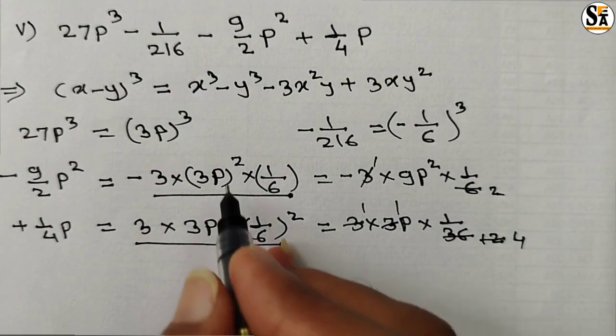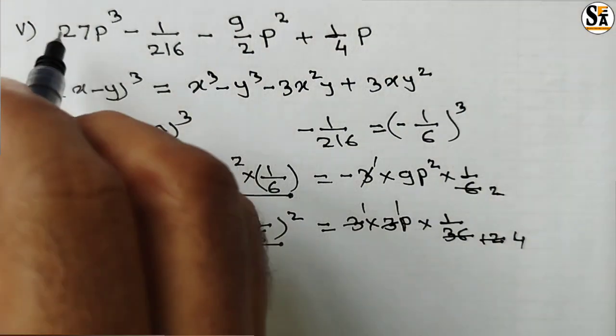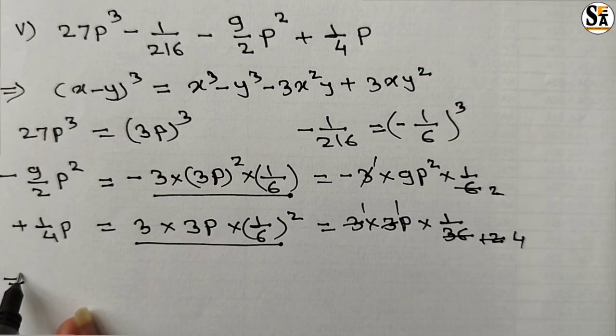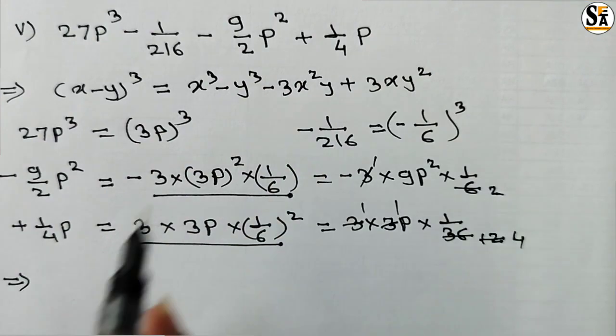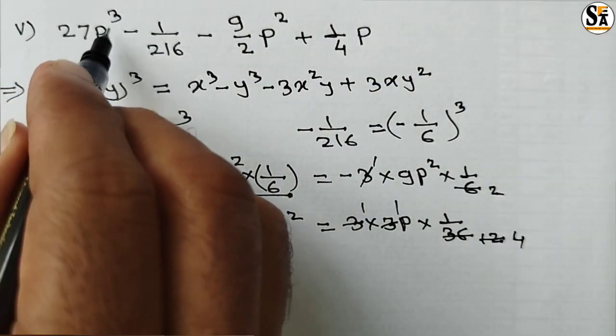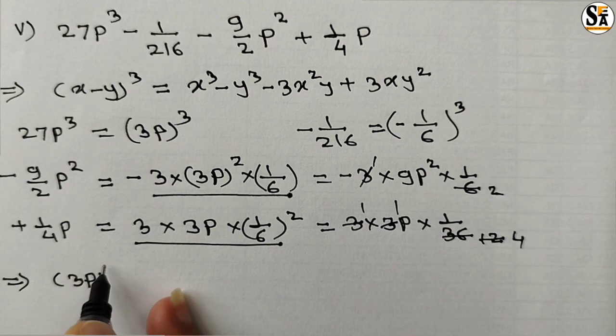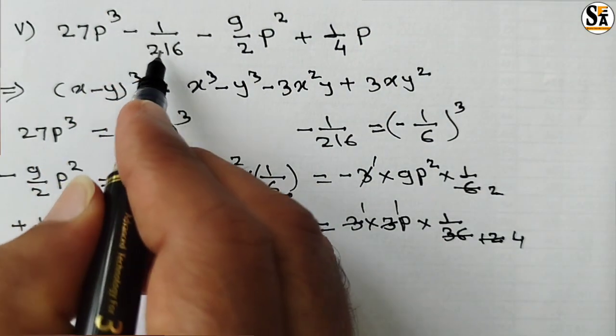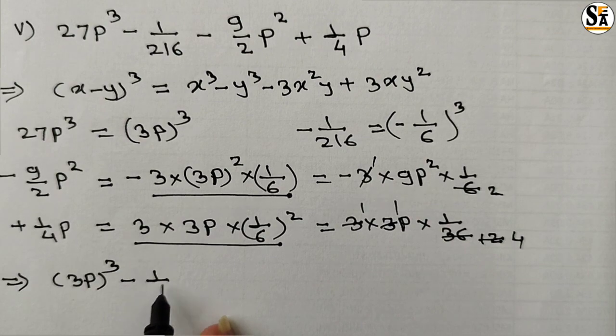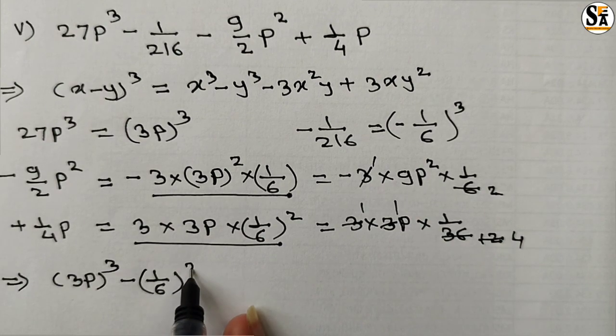So put this expanded form in this, we will get here. We can write this expression like this. Instead of 27p cube, write (3p) cube. Then minus 1 upon 216, so write (1 upon 6) cube.